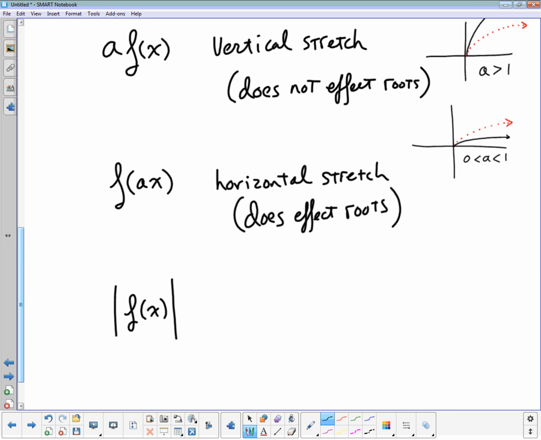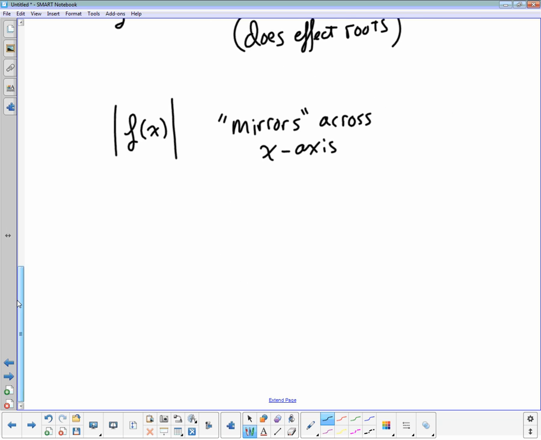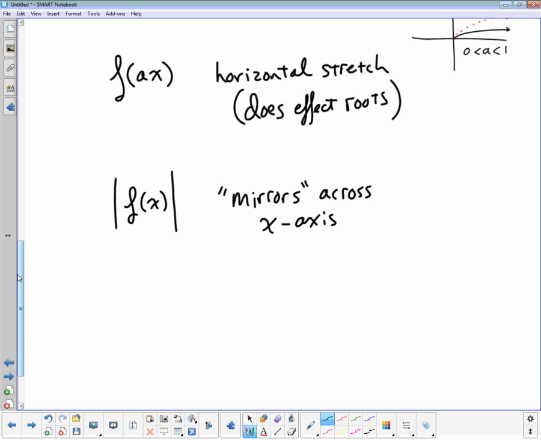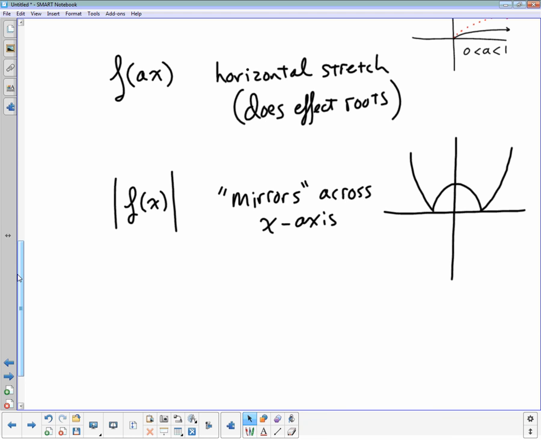For lack of a good mathematical term, okay, so anything that was negative now flips up to become positive.